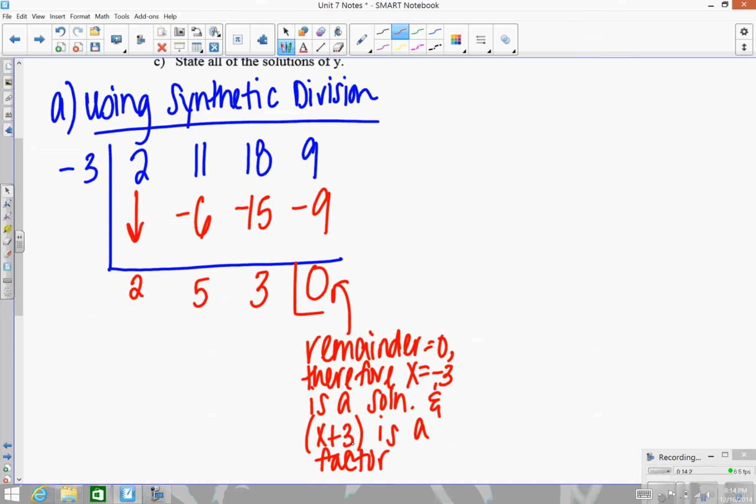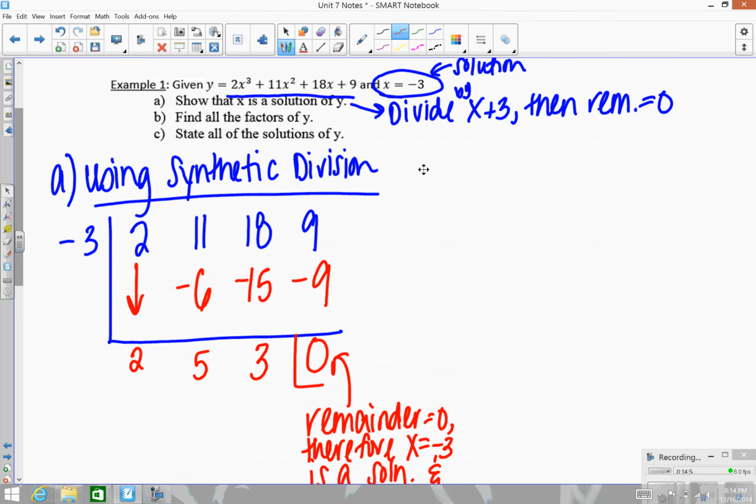Factors are always the things that you would set equal to 0 to solve. If you take x plus 3 and set it equal to 0 and solve for x, you would get x equals -3. So the factor never has an equal sign, and it's always the opposite of the solution, because you have to imagine undoing the process of setting it equal to 0 and solving. So that's using synthetic division, so that's one way.